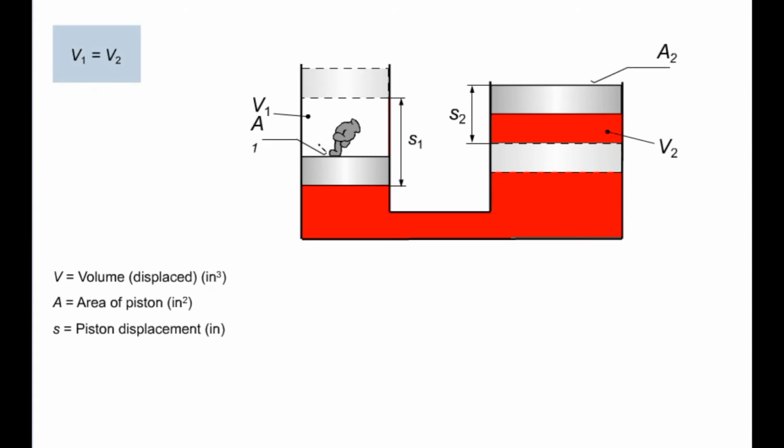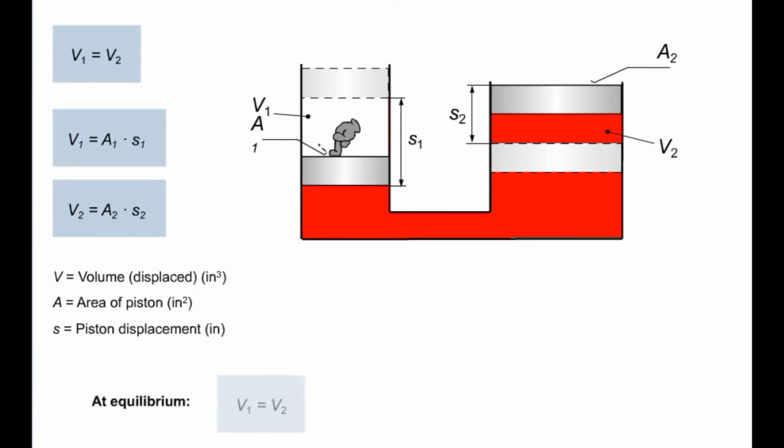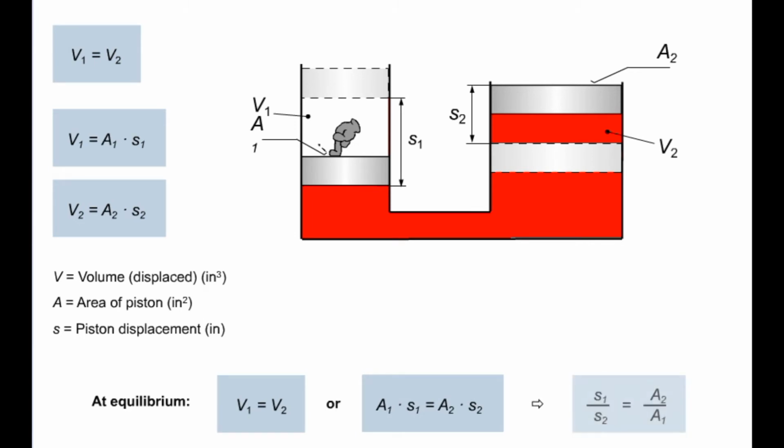The volume of the liquid provided for the cylinder on the right equals the surface area of the large cylinder multiplied by its displacement. Both of these liquid volumes V1 and V2 are identical. Rearranging the equations gives us S1 over S2 equals A2 over A1. Or put into words, the piston displacements are inversely proportional to their respective surface areas.